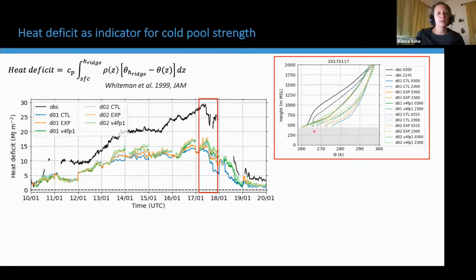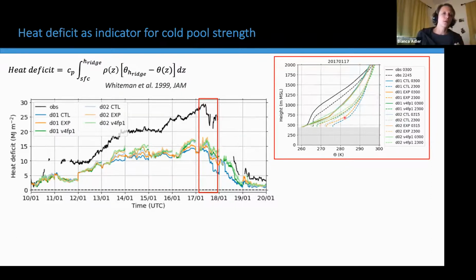This is nicely visible in these profiles. The black line is the observation. Then the solid lines are model profiles at the beginning of this 24-hour forecast at forecast hour 3, and all model versions pretty much agree temperature-wise. But then at the end of the forecast period, 20 hours later, there are huge differences.